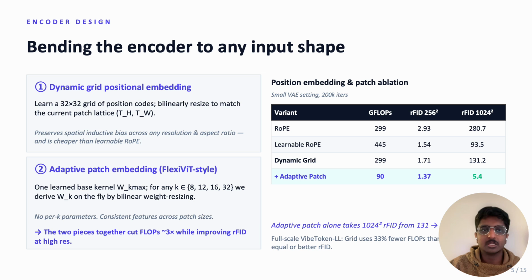Specifically, first we improve the position embedding and propose a dynamic grid position embedding. And second, we improve the patch embedding, which can encode an image of any resolution into an arbitrary number of tokens. Because of these two pieces together, we can cut the flops by almost 3x, while still improving the generalization and the reconstruction FID on high resolution.